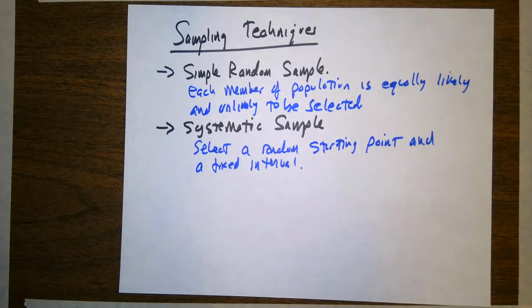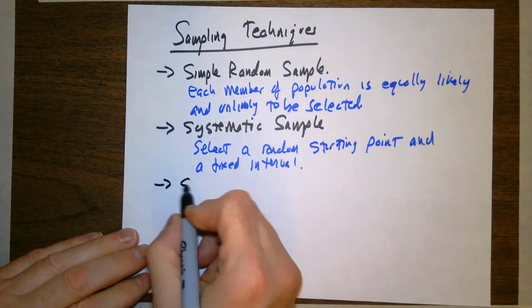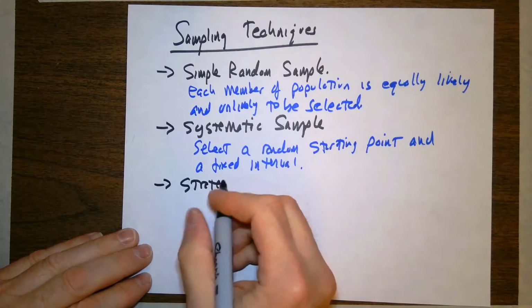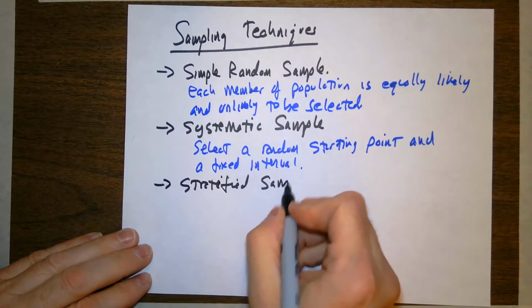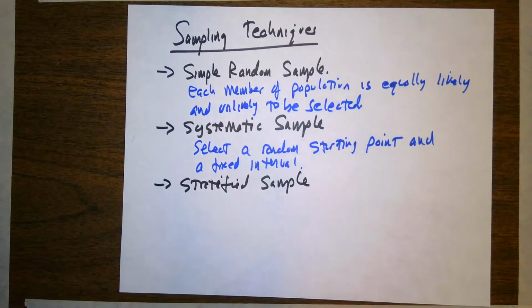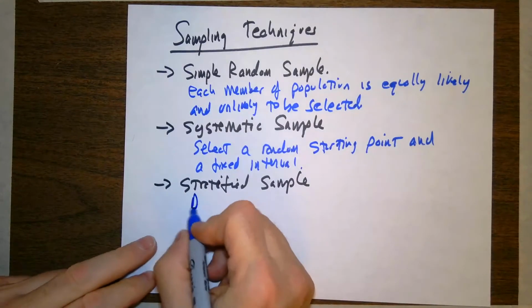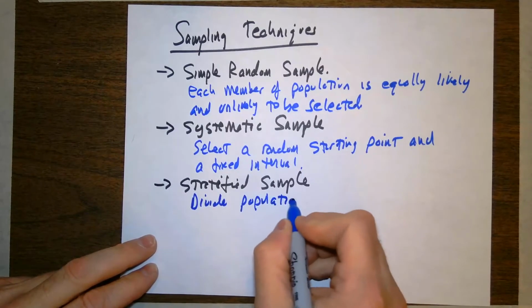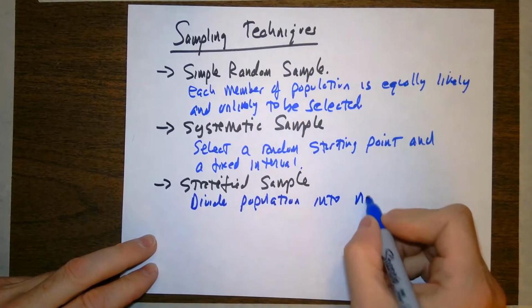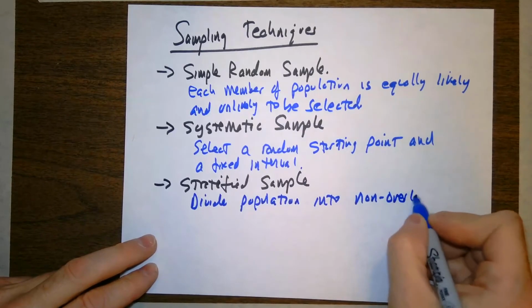The next one is called stratified sampling. In a stratified sample, we're going to take our population and divide them into non-overlapping groups.